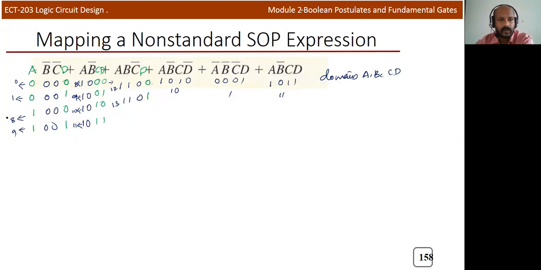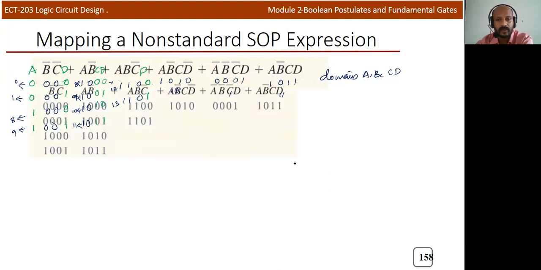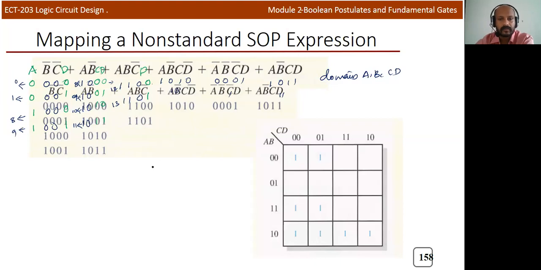Okay, so we got these values. Now we can indicate all these values into the K-map. Now we can verify whether we indicated all these values. 0 is already indicated. This is 0, 1, 2, 3, 4, 5, 6, 7, 8, 9, 10, 11, 12, 13, 14 and finally 15.